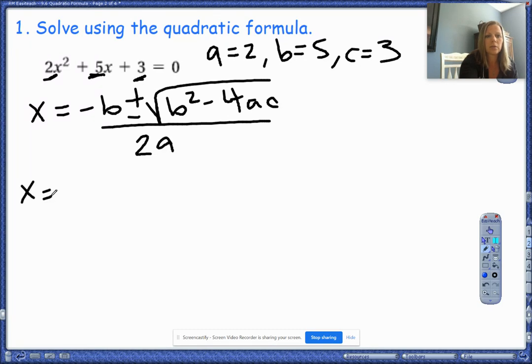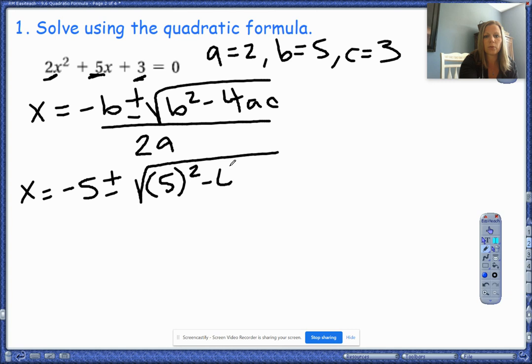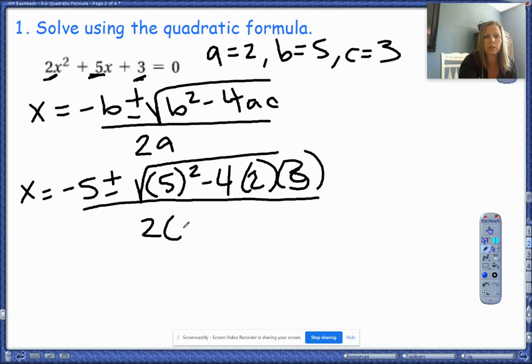So x equals, the opposite of 5 is negative 5, plus or minus square root b squared minus 4 times a times c all over 2 times 2. So all I did was substitute my values in.